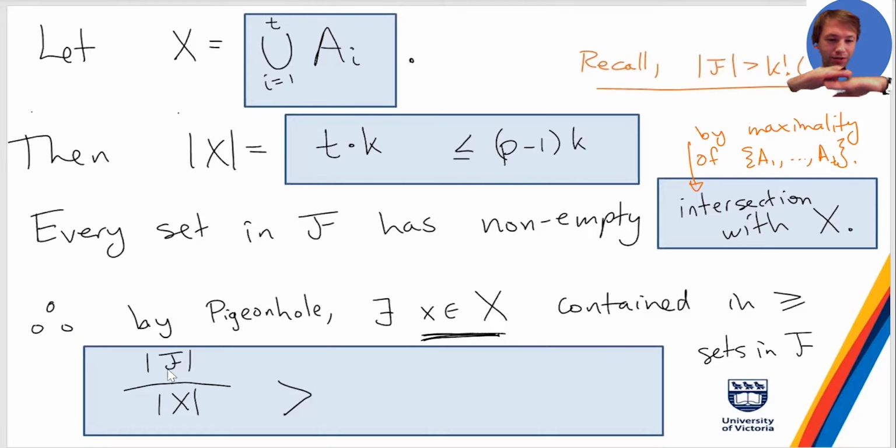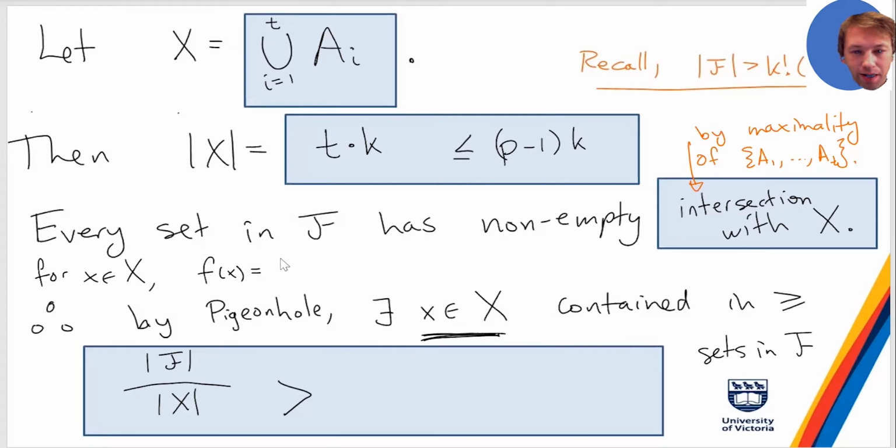Then I divide that among the elements of X. So by pigeonhole, at least one must be contained in that many. Is that clear? So suppose for each x in X, I let F of x be the number of sets A in F such that x is in A.